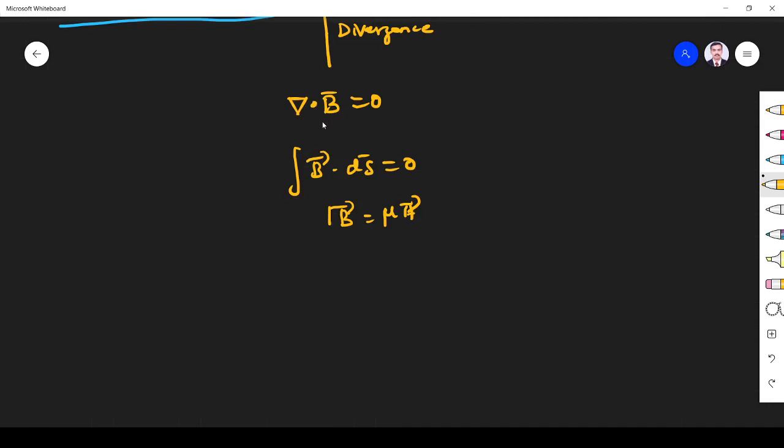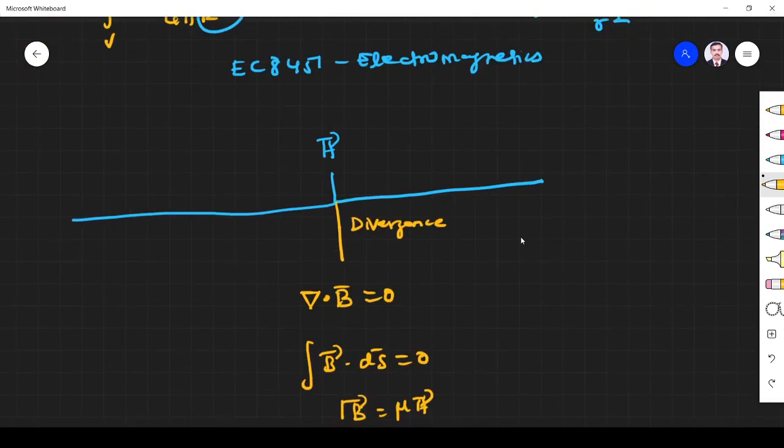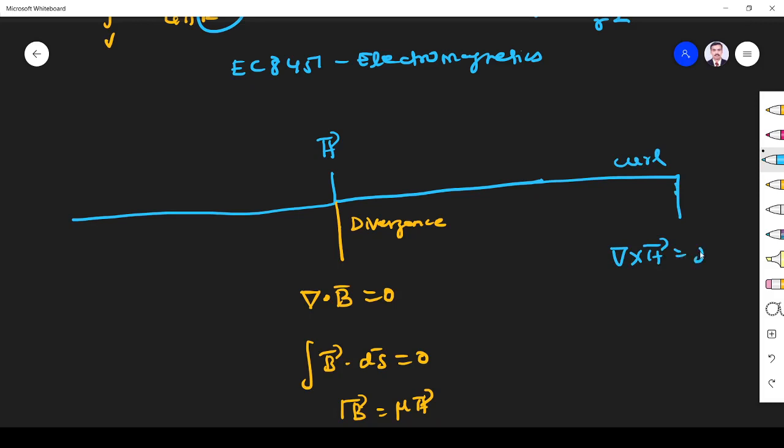Dot means divergence, we know, right? Del dot is divergence. Okay, next, what about curl? If you go in this way, we will get curl. We know del cross H is equal to J. H dot dl is equal to I enclosed.